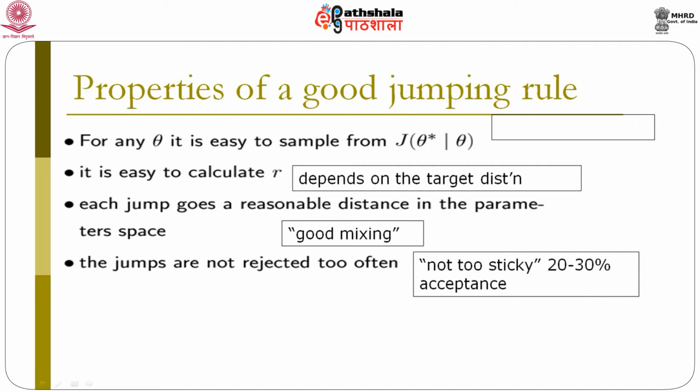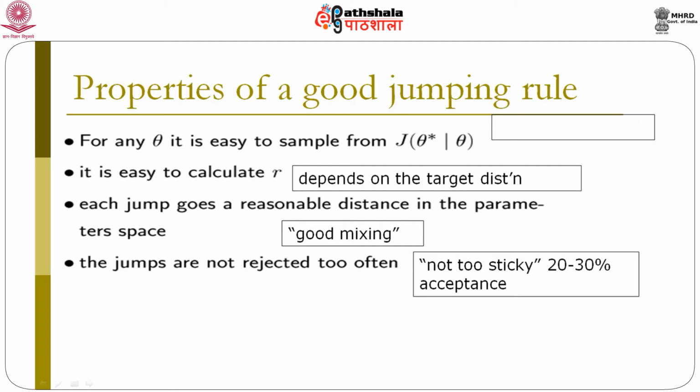Properties of a good jumping rule. For any theta, it should be easy to sample from the jumping distribution, so you choose it in such a way. It should be easy to calculate R, which depends on the target distribution. The target distribution is already known to you apart from the constant, so for theta star and theta t minus 1 you can compute R very easily at any stage.